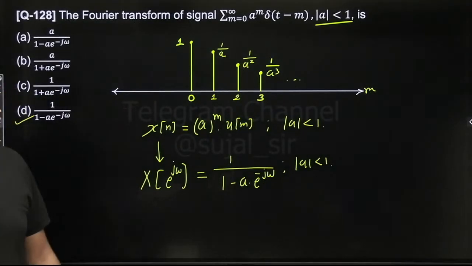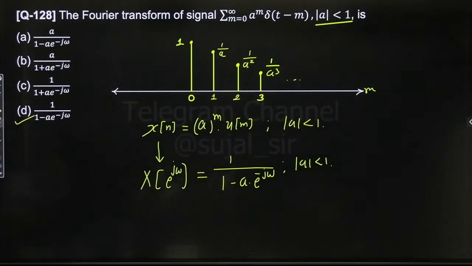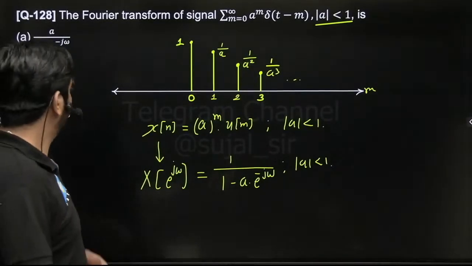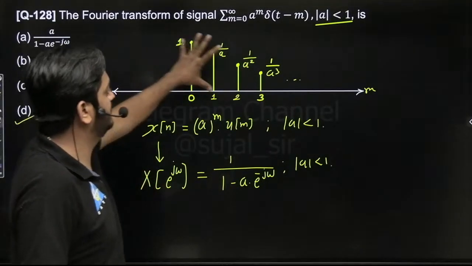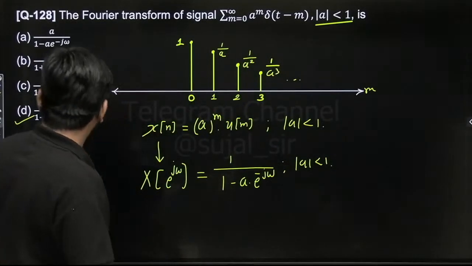So total 128 questions are completed till now. This is question number 128, DTFT. Fourier transform of a discrete function, so that's why DTFT. Okay.